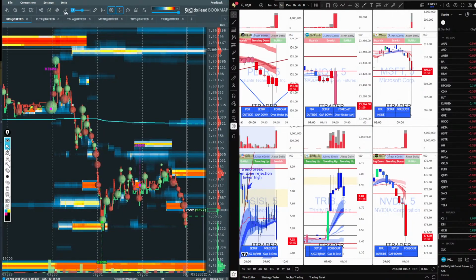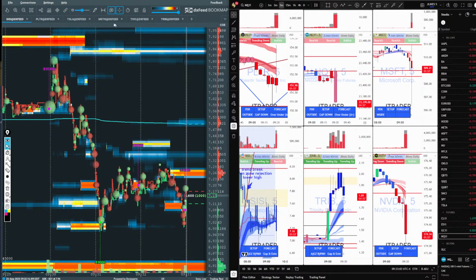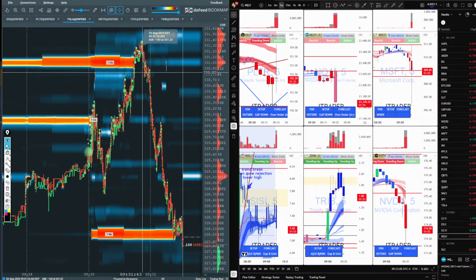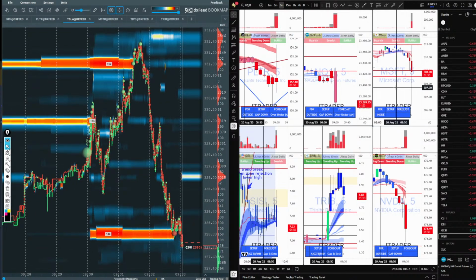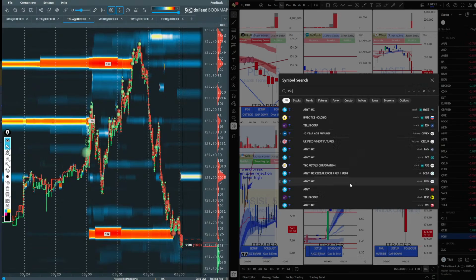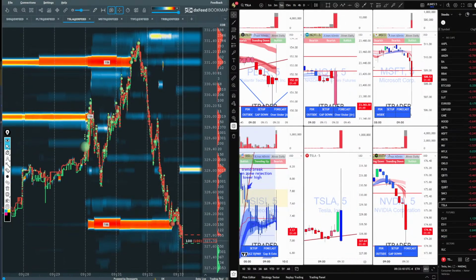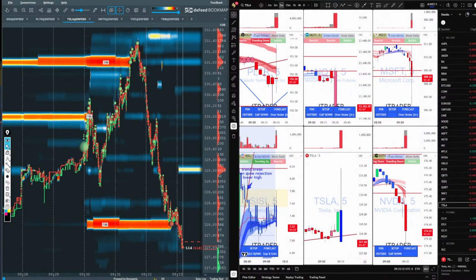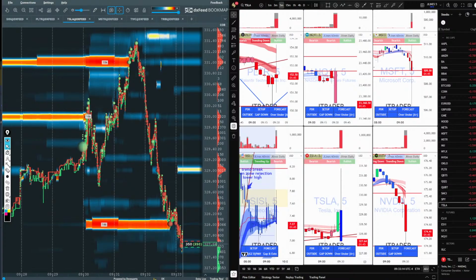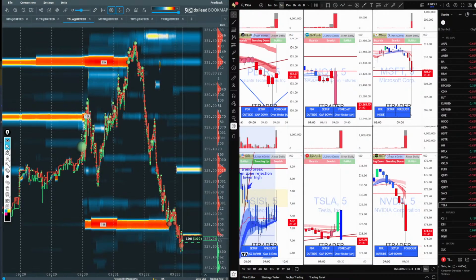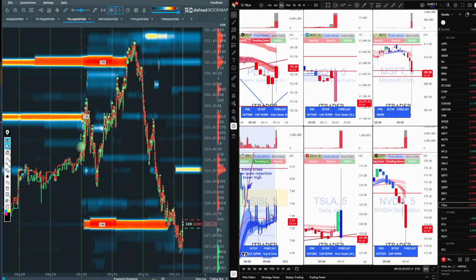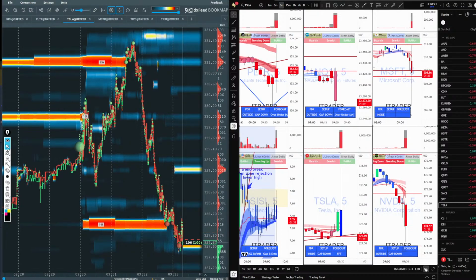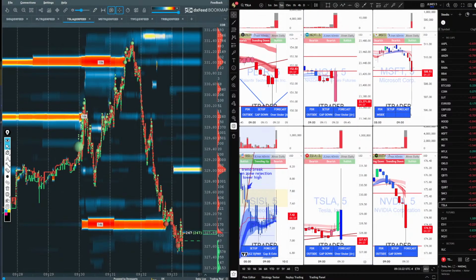Tesla pop and fail. Look over here with a push and then reversal. So we're gonna also put Tesla up. And we'll be shorting Tesla with a JLine rejection, okay?